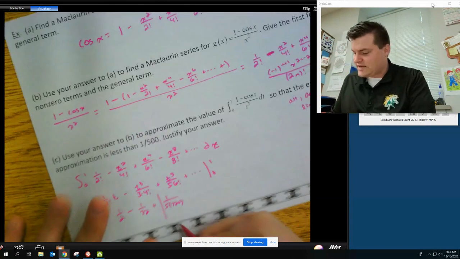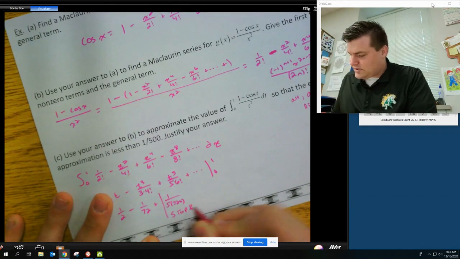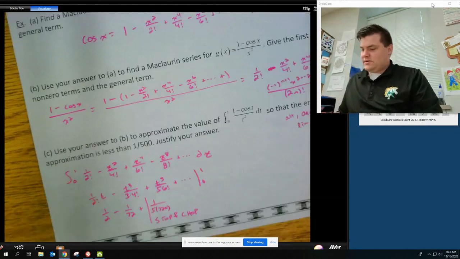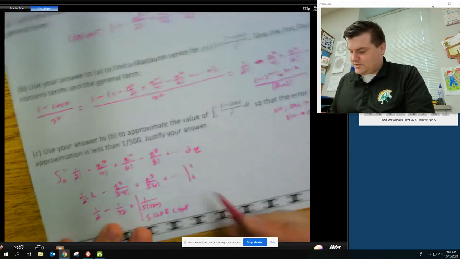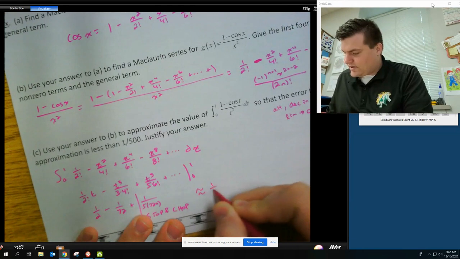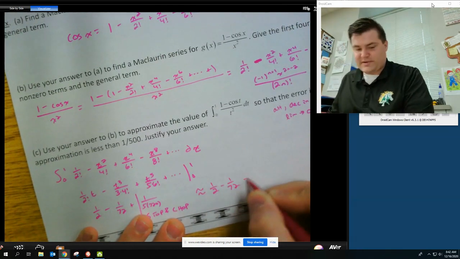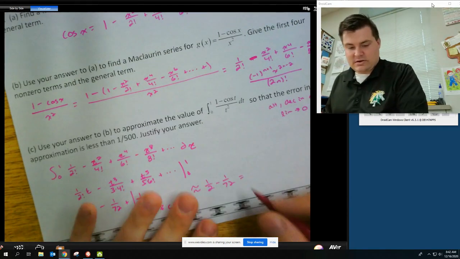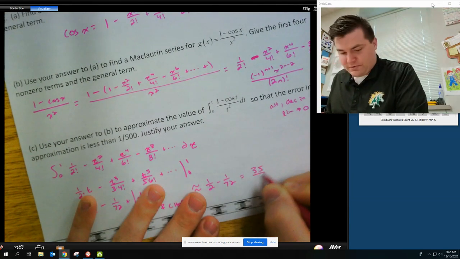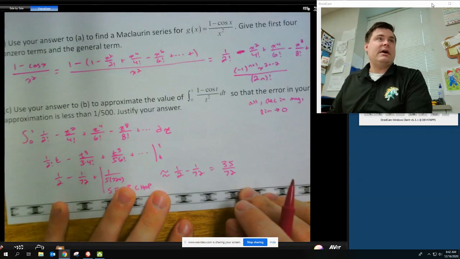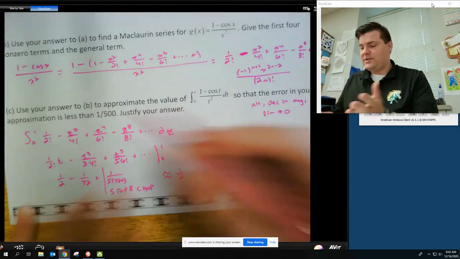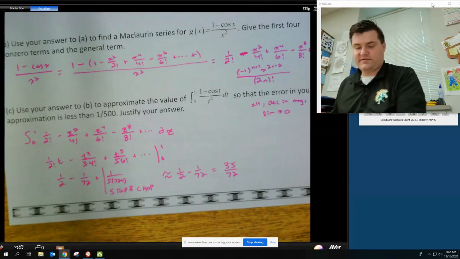So I'm going to do my stop and chop. All I'm going to do here is just do 1/2 minus 1 over 72, which I'll do on my handy dandy calculator, which is going to be 35 over 72. And that's my approximation, which is pretty gosh darn accurate because it's off by just 1 over 1/500.